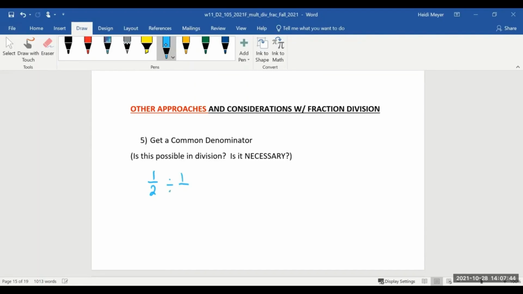1/2 divided by 1/6. If you get a common denominator, is it going to be wrong? Well, let's try. So the common denominator would be 6 because that's the number that both 2 and 6 go into. So when I rewrite this, it becomes 3/6 divided by 1/6. I'm not going to do the flippy thing. I'm going to think of it this way. 3/6 divided by 1/6.